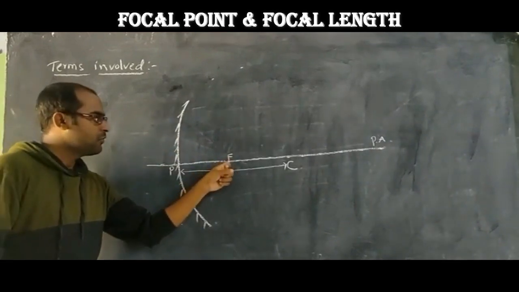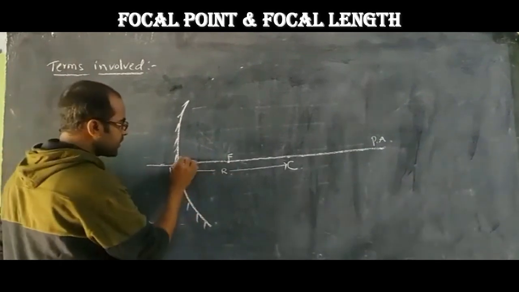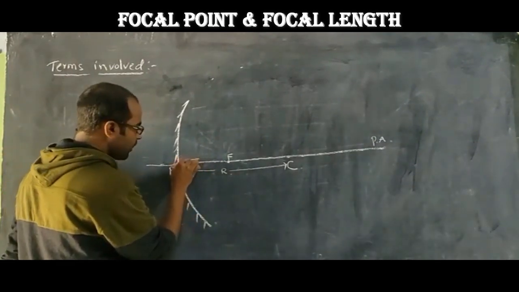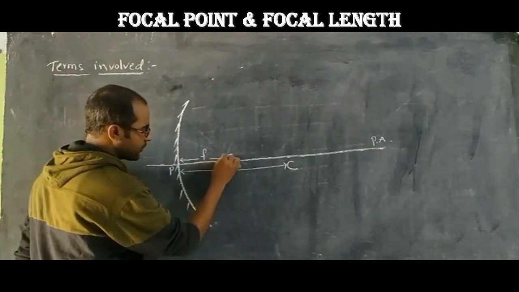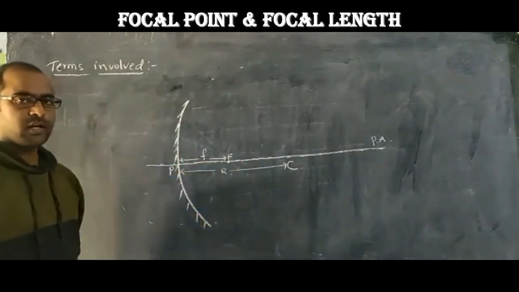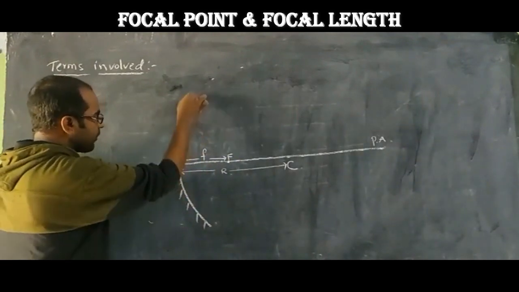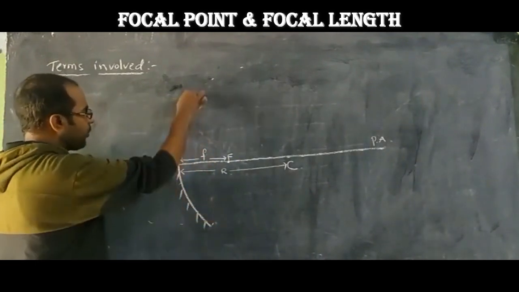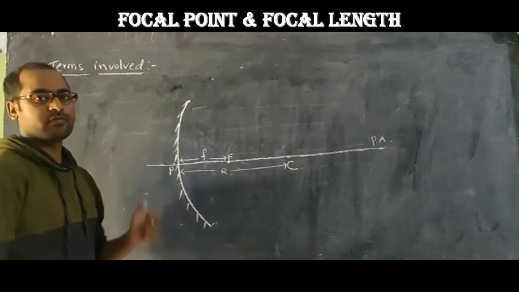The distance between the focal point and the pole is called the focal length, and the diameter of the reflecting surface of the mirror, from here to here, is called the aperture of the mirror.